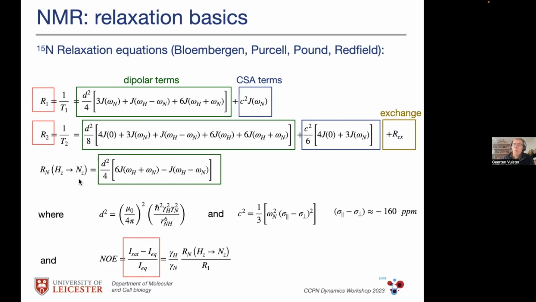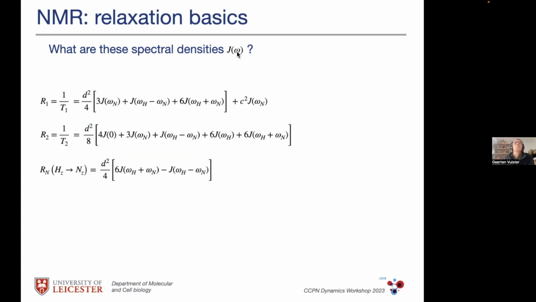So that's our job. Now, what I haven't told you is what are these things in between here, these so-called spectral densities. So this stuff over here in these boxes. Now, if you look at those terms, there are 5 frequencies that show up that are important.